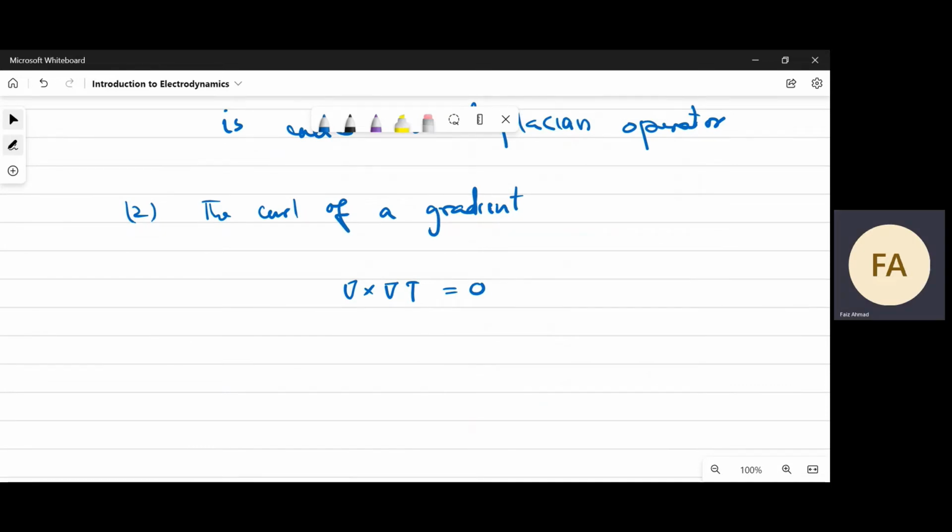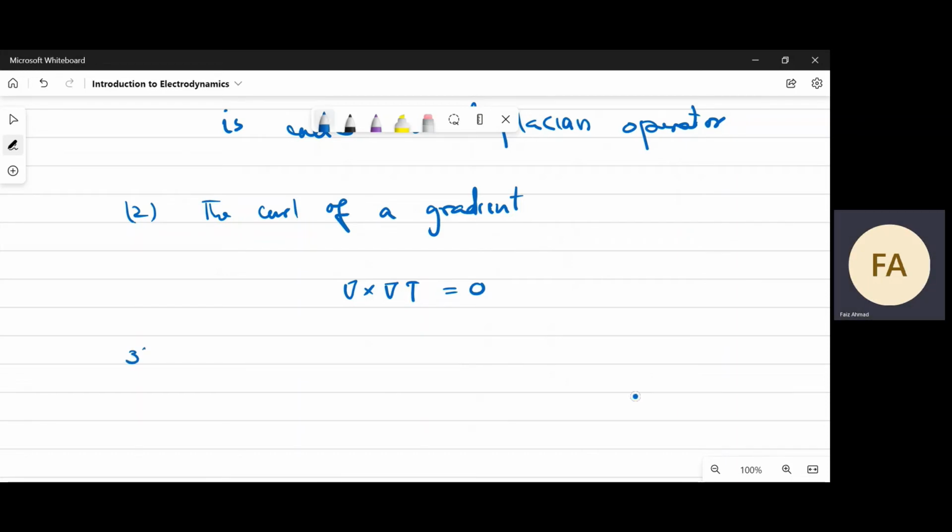And this is an important fact because del t, the gradient of any scalar function, will be providing us a minima or maxima or a point of pause. So for a point of pause or minima or maxima, there will be no curl. So it's always true that the curl of a gradient is always 0.